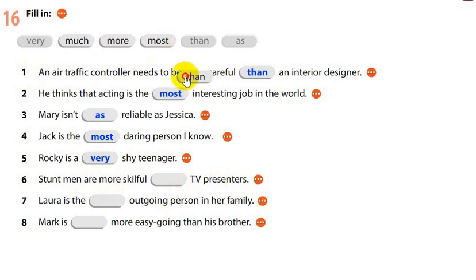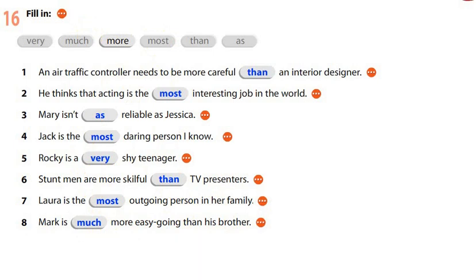We must use the word than when we compare. Number 7, Laura is the most outgoing person. And the last one, Mark is much more easygoing than his brother. We know that we can use the word much with more.